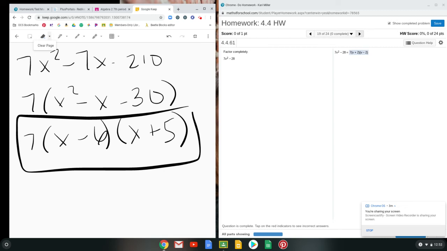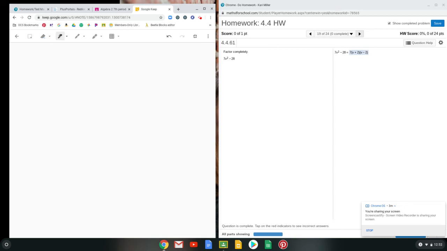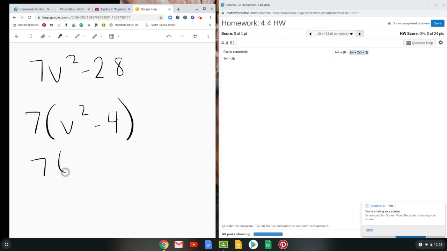This is another one where you're looking for the greatest common factor first. And notice on this one it says factor completely, so that's kind of a little hint. So v squared minus 4, and then v squared minus 4 is difference of squares. None of these are new types of factoring problems. I just wanted to refresh your memory on some of these.